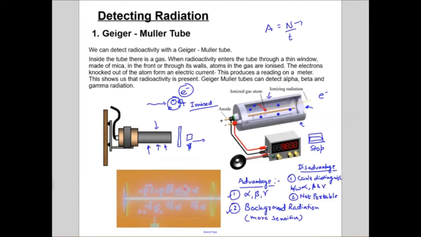We realized that this Geiger-Müller tube has advantages such as it could measure all the three types of radiation, and it's quite sensitive because it could measure even a very small amount of background radiation. However, it has certain disadvantages, such as it cannot distinguish whether it's an alpha radiation or a beta or a gamma radiation. Right? It's not very selective, we could say.